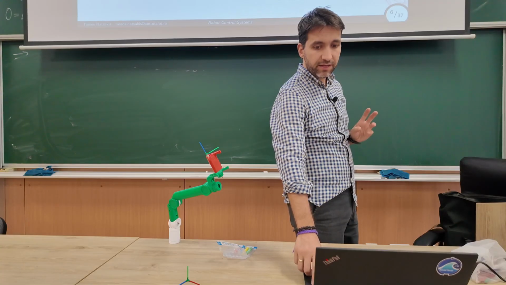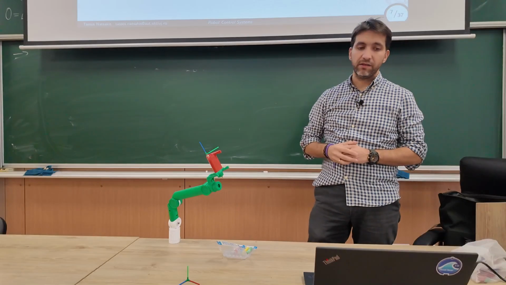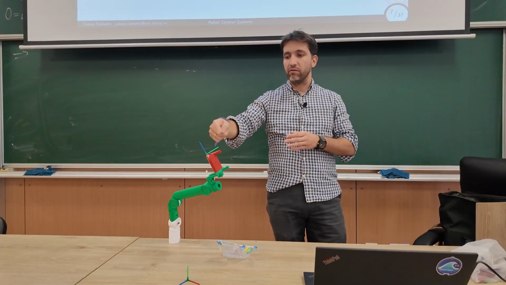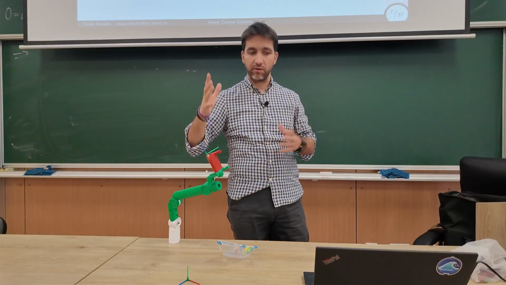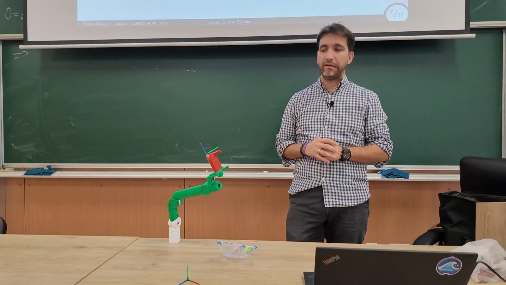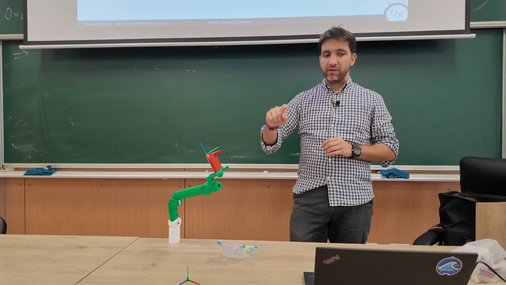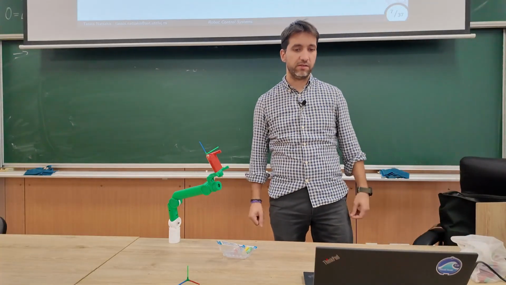All right. So let's really understand what forward kinematics is once again. It's a transformation matrix, this 4x4 matrix that tells me the pose of the end effector of the robot, or, to be more academic, the pose of the frame attached at the end effector, with respect to a reference frame. I didn't put a reference frame here, but you can imagine it.